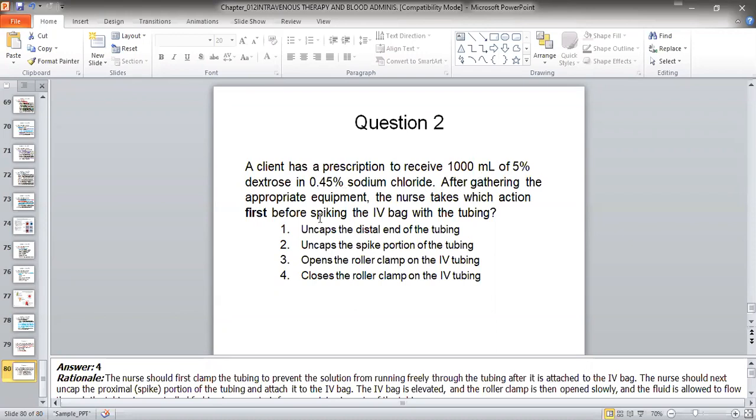After gathering appropriate equipment, the nurse takes which action first before spiking the IV bag with the tubing, right? Sometimes NCLEX would ask, what size of IV gauge must the client have? It is 18G, 18G with a filter needle.